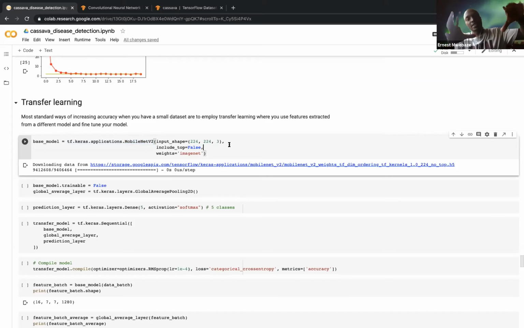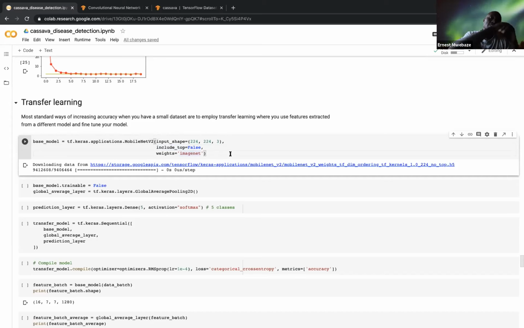So we're taking an architecture that people have used and that works, MobileNet, which works well with mobile phones in this case. It has a specific input size. We remove the top, so we're cutting off the top classification layer and adding our cassava detection layer on top, and we want the weights of ImageNet.